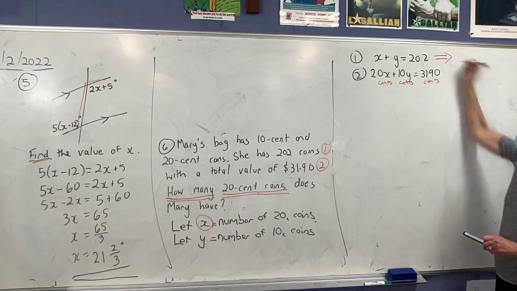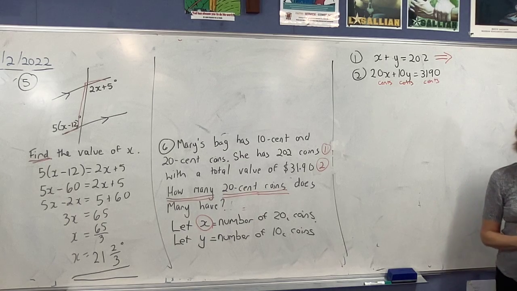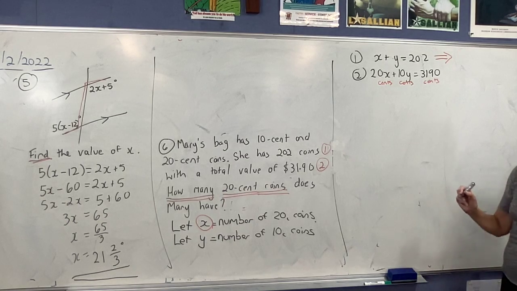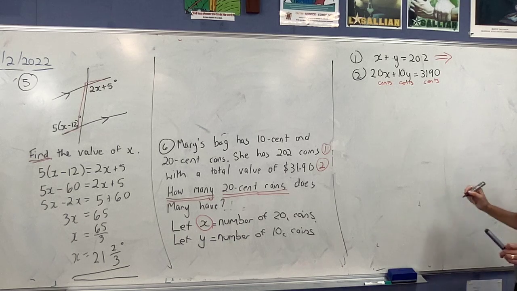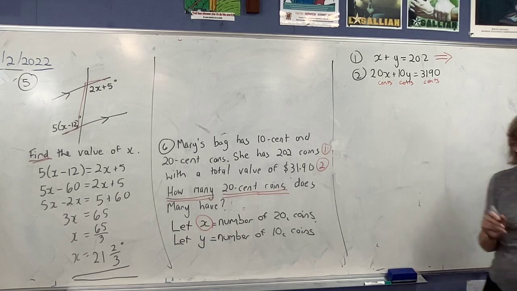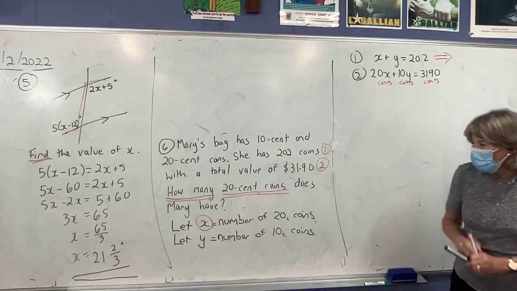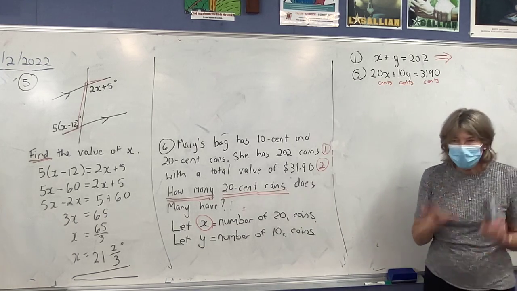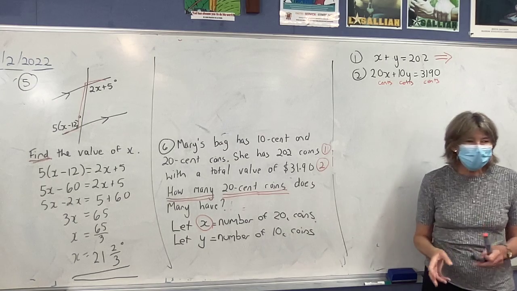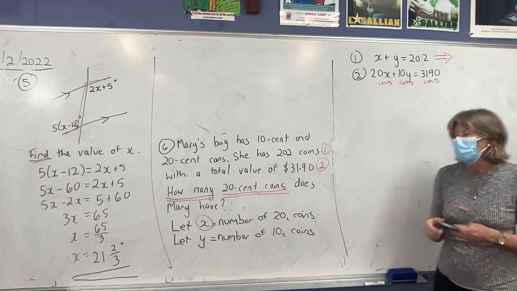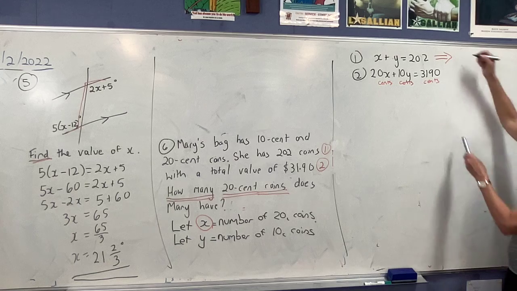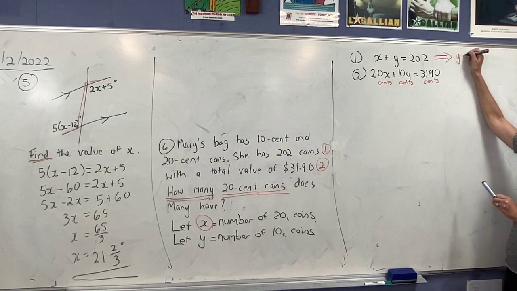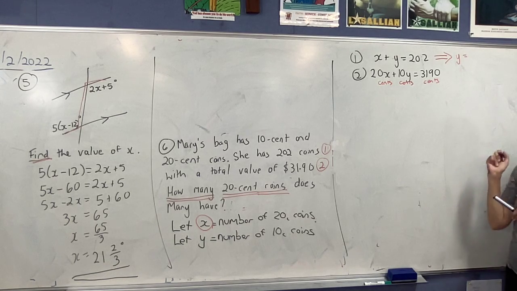Up here, we're going to change that equation a little bit, because at the moment, it's not going to be very helpful the way it's been written. Now, this is the really tricky bit. We only want to find x. So if we want to find x, we want to eliminate all the y's. And the only way we're going to do that is if we make y the subject here. So if I make y the subject, what would that be, Darcy?